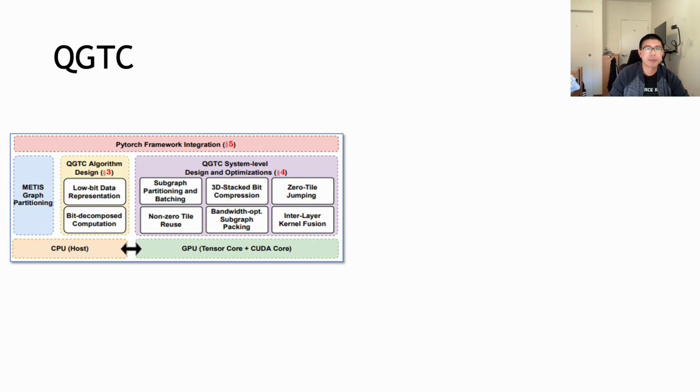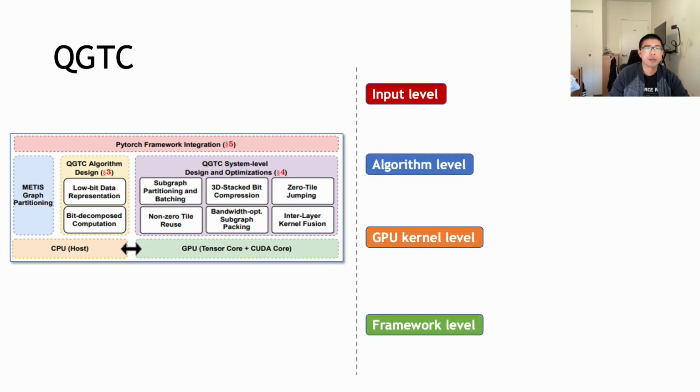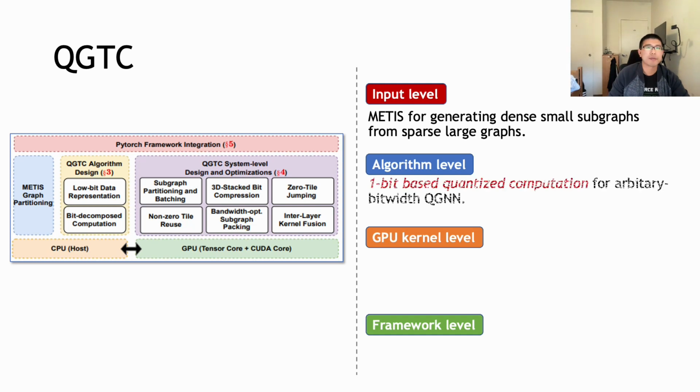To this end, we introduced our design QGTC, which encompasses several techniques, as shown in this figure. Specifically, at the input level, we leverage METIS for generating dense small subgraphs from the large sparse graph.